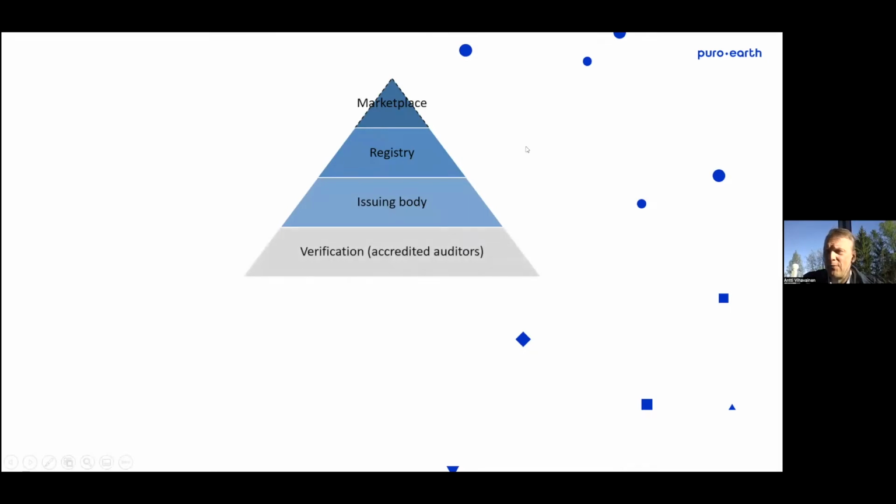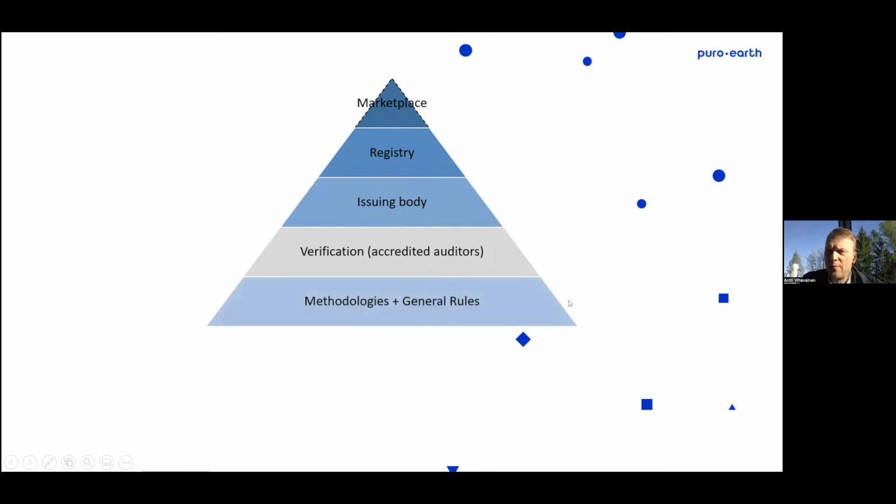But that required a separate, independent entity that would give permission for the issuing body to issue these credits or certificates. But of course, these independent third-party auditors need to have something to base their analysis on, and for that, we needed to create methodologies. Not just we, but together with 22 other companies initially from 6 different countries, we created these methodologies, 3 different methodologies, and general rules to back it up.